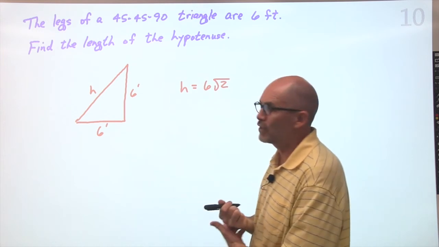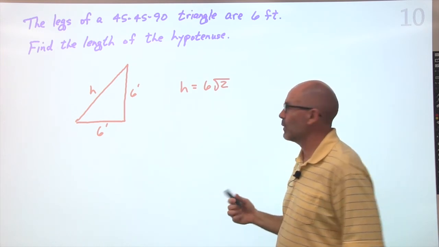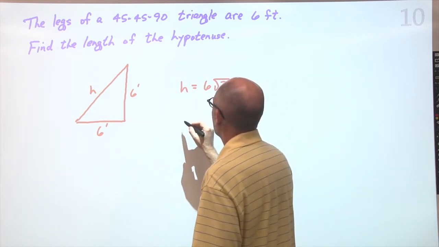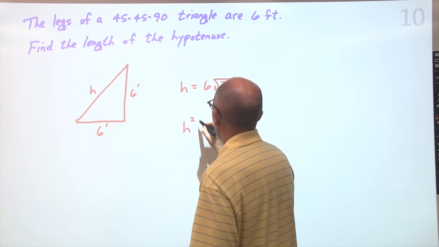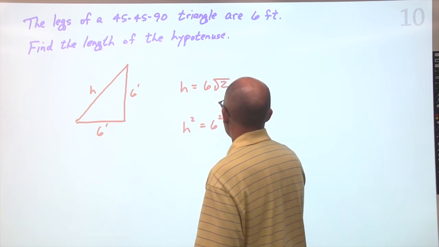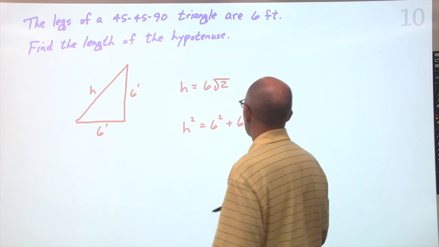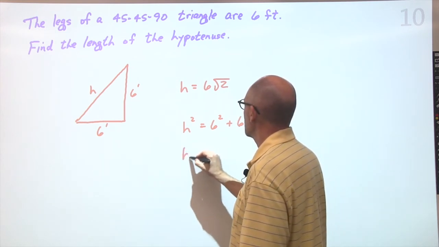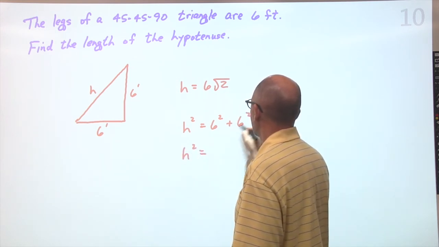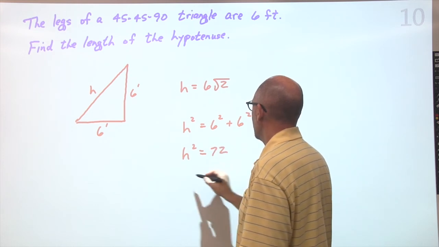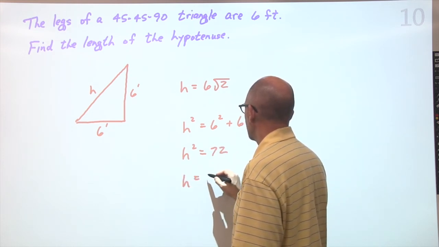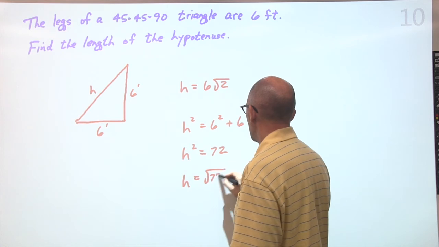Now, if we wanted to do it the old-fashioned way with the Pythagorean theorem, we could say that h squared equals 6 squared plus 6 squared. So that means h squared equals 36 plus 36 is 72, and that means h equals the square root of 72.